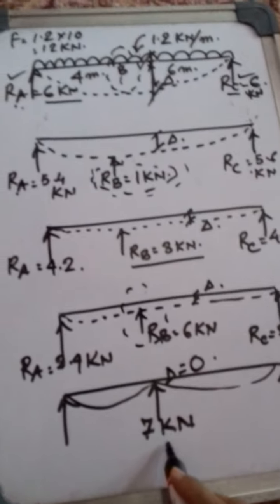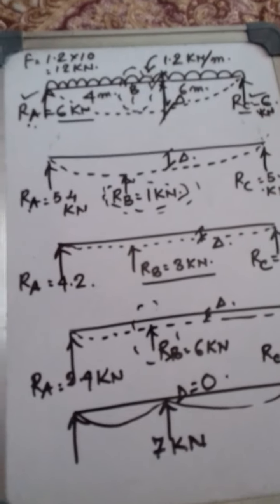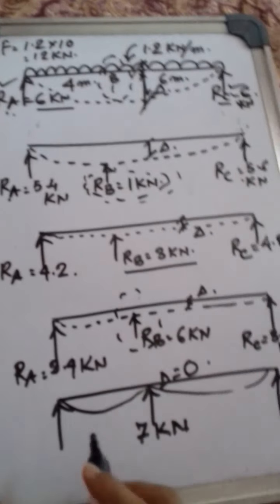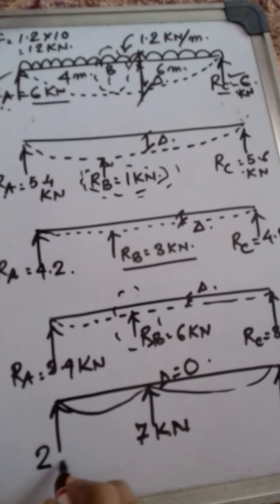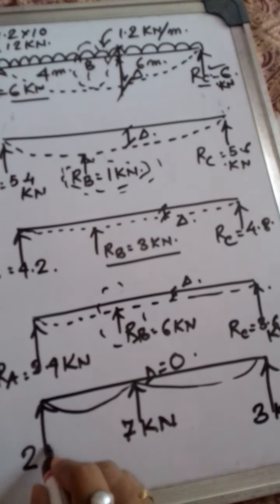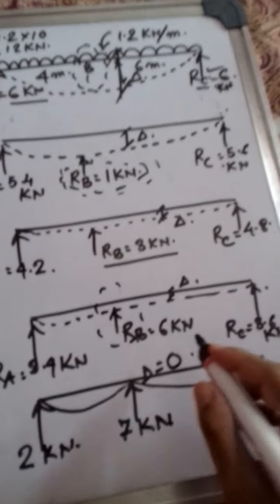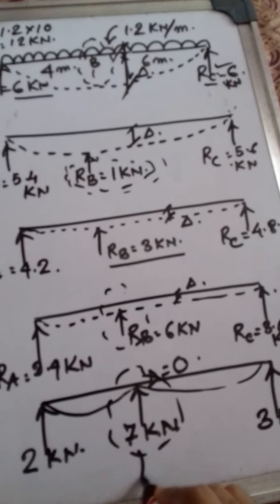If we take out 7, how much is left? 5 kilonewton. So 5 kilonewton, suppose you are giving it as 2 and 3. Suppose at this point the deflection is equal to 0.